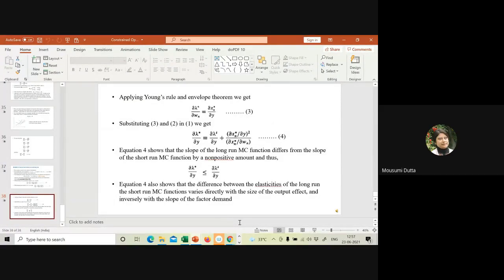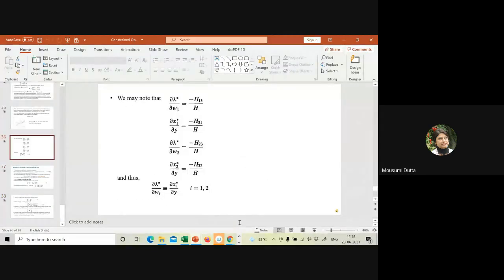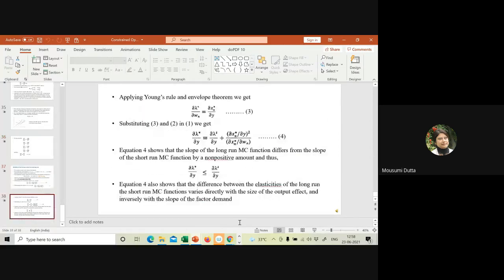Okay. Next, we discussed this relationship: del lambda star by del Wi is equivalent to del xi star by del y. Today we discussed this thing. Using that property, we can say that del lambda star by del Wn is equivalent to del xn star by del y.